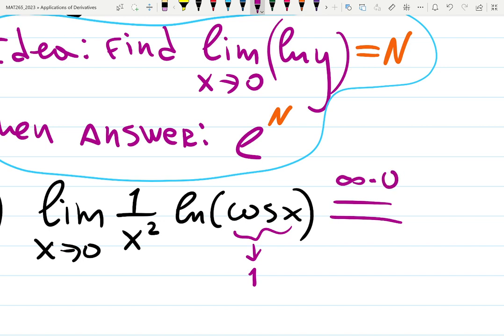Yes, 0. Let me write down: ln of 1 is 0, because there's an e at the base, so e to the 0 gives you 1. So ln of cosine goes to 0, right? So we have a 0 times infinity case.